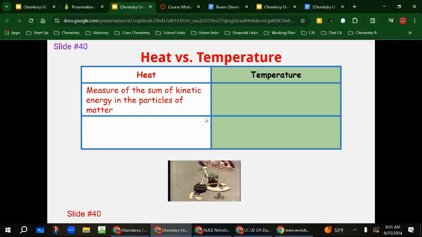Heat is a measure of the sum of kinetic energy of particles of matter. Heat is the sum of kinetic energy, which means we do what to them? Go ahead. We add them all up. Okay?